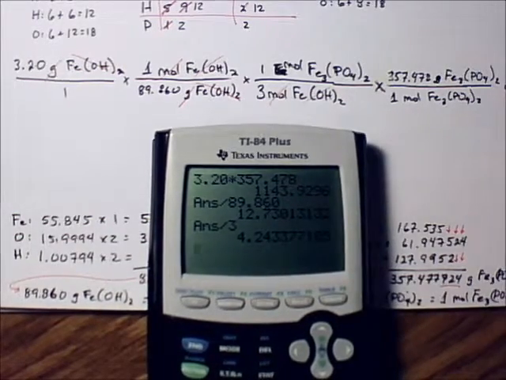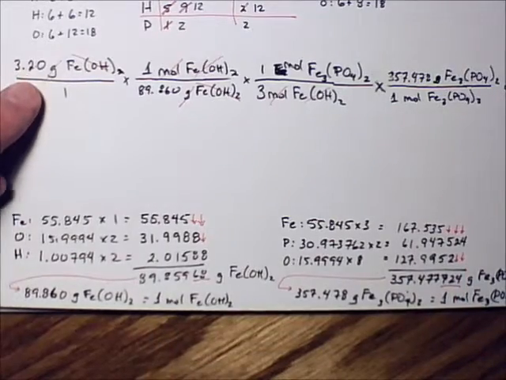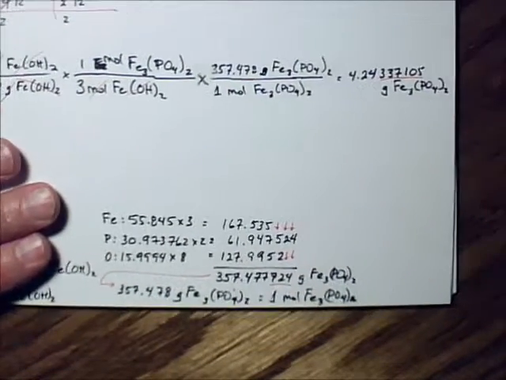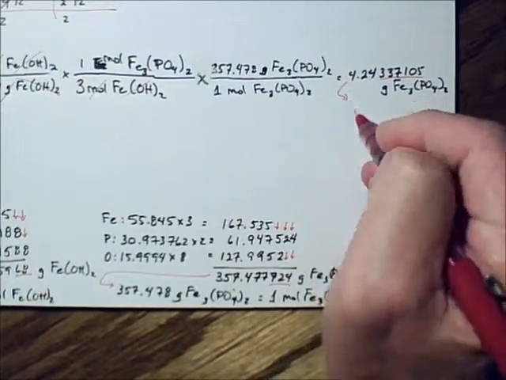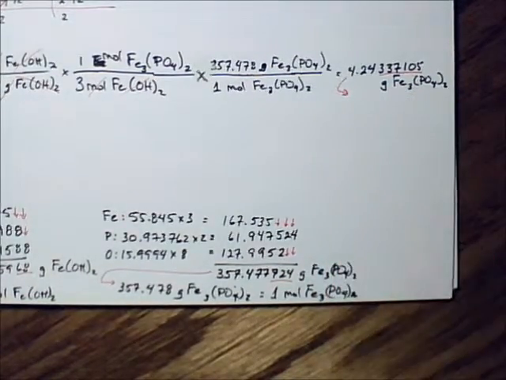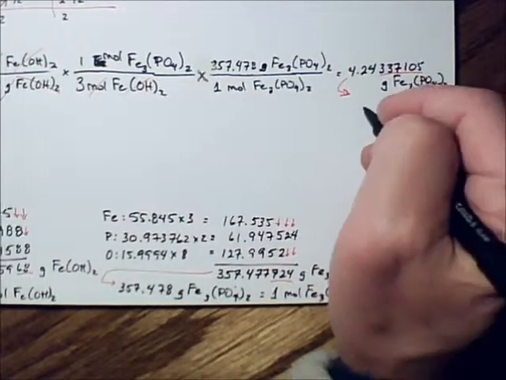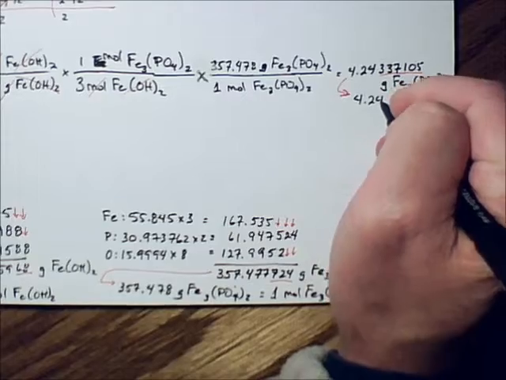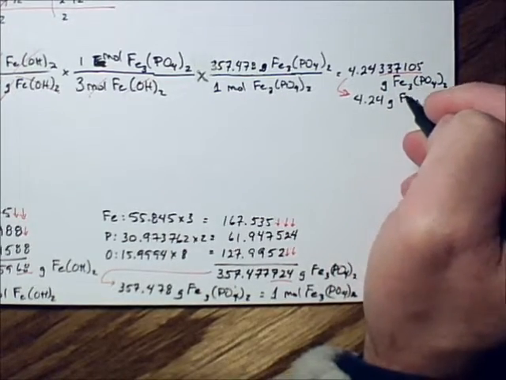And round that off to 3 digits because our starting amount over here has 3 digits. Slide over here so you can see. And we got 4.24 grams of iron 2 phosphate.